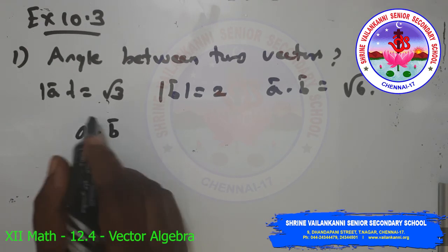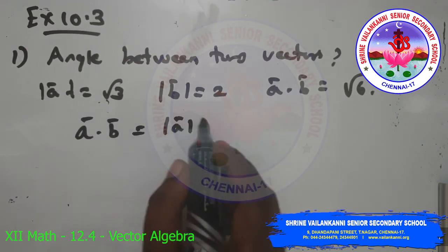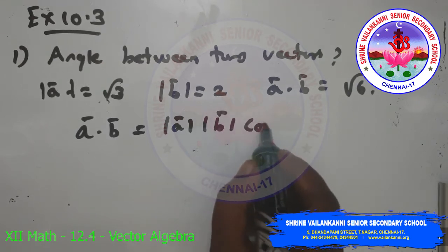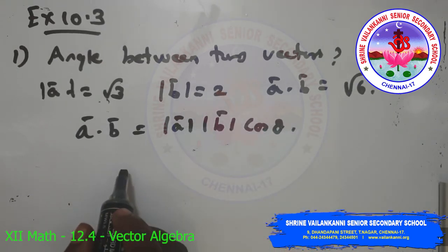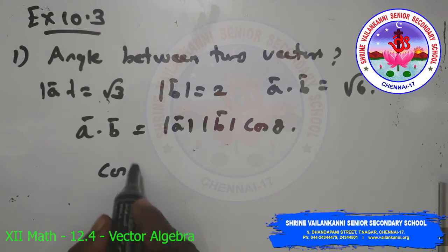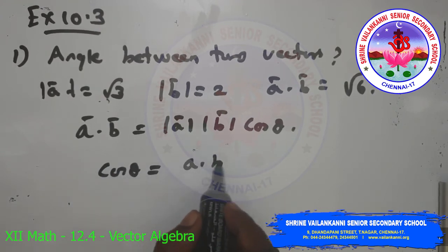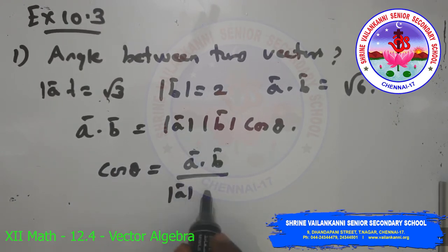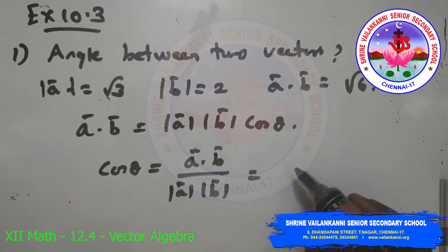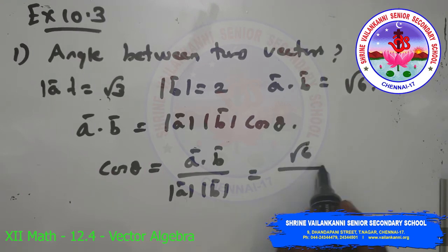A dot B is equal to magnitude of A into B cos theta. So cos theta is equal to A dot B by magnitude of A into B, which is equal to root 6 by root 3 into 2.